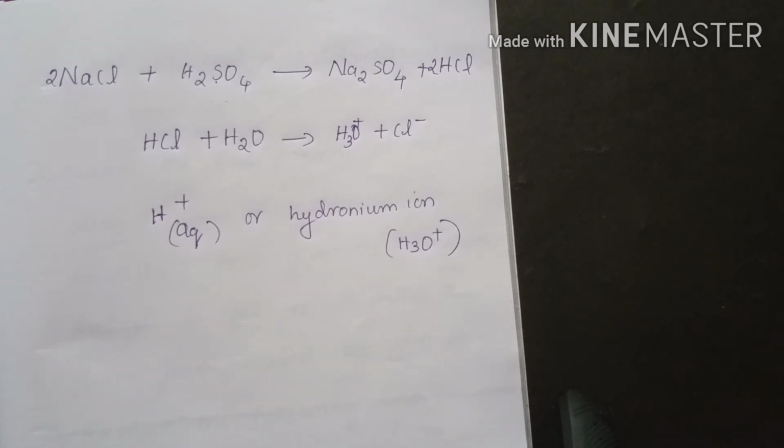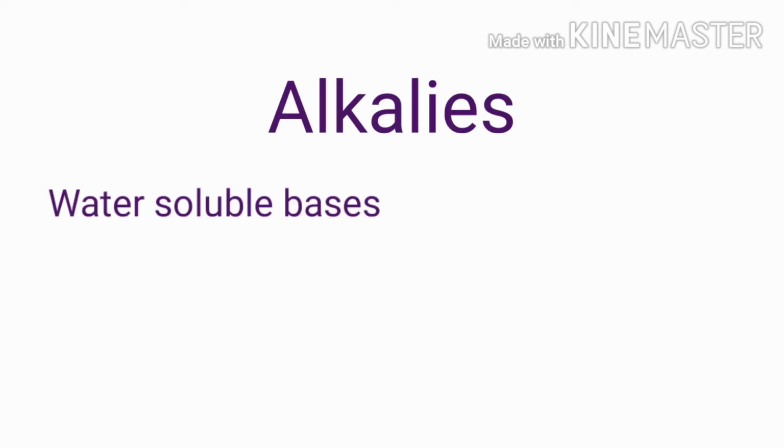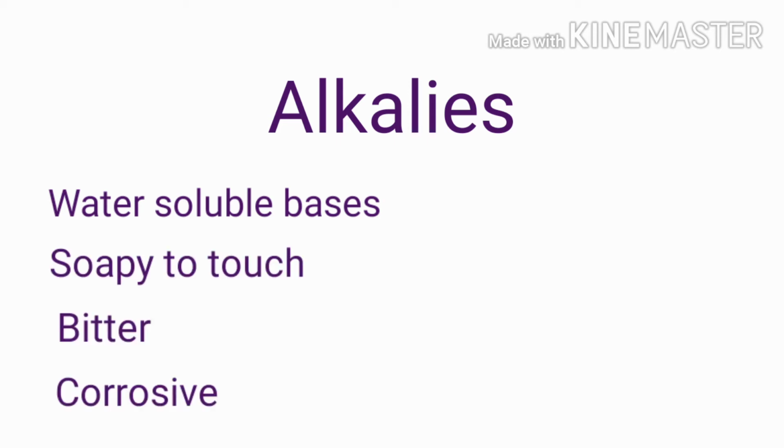Next, let us see what happens when a base is dissolved in water. The bases which are soluble in water are called alkalis. They are soapy to touch, bitter and corrosive. Never taste or touch them as they may cause harm. These alkalis or water-soluble bases produce hydroxide ions or OH- ions in water.